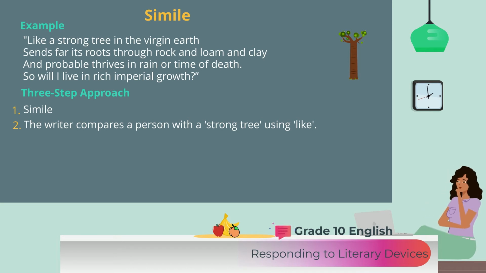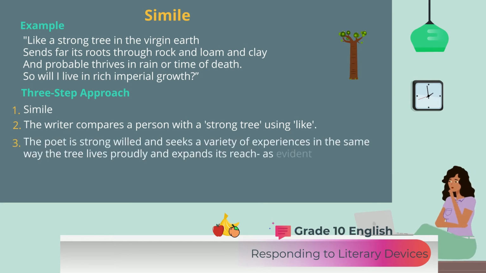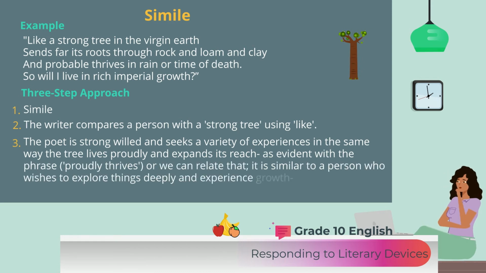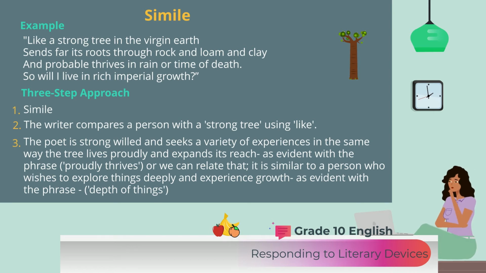Then, for a brief discussion on the special effects of this simile, we can relate that the poet is strong-willed and seeks a variety of experiences in the same way the tree lives proudly and expands its reach, as evident with the phrase, proudly thrives.